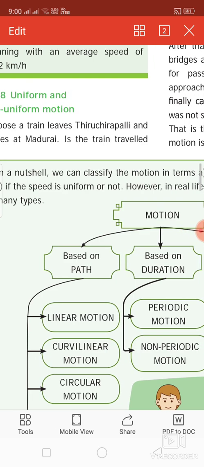When it tries to reach the station, it slows down, and when it moves from a particular station, it slowly speeds up and moves at a gradual speed in between. It will stop in between the stations, so it will not travel uniformly. So this is a very common example for non-uniform motion.